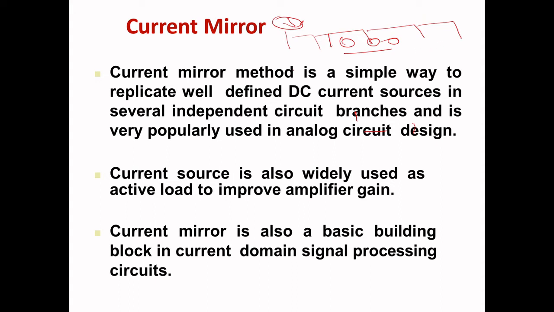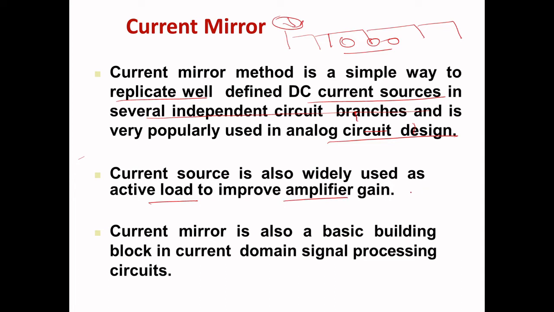Basically the current mirror is a DC current source, and it is going to be replicated in several independent circuit branches. So that is a very popular concept in integrated circuits. Especially we use this concept in analog circuit design. The current source is also widely used as an active load, to improve the amplifier gain.